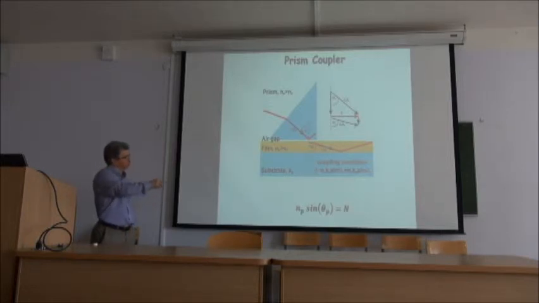And if that's the case, as long as this is higher than that, you're always going to find an angle here that you can match them. But if the refractive index of the prism is smaller than the effective index, you find no angle that you match.